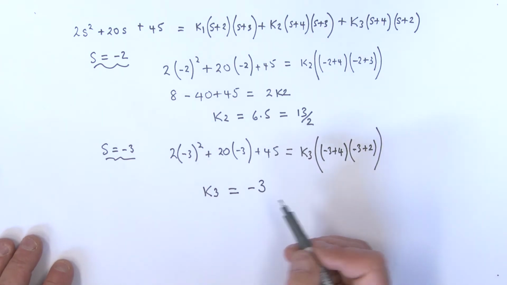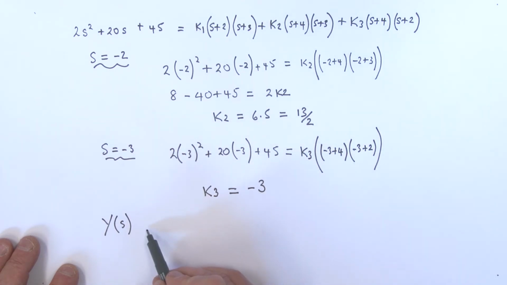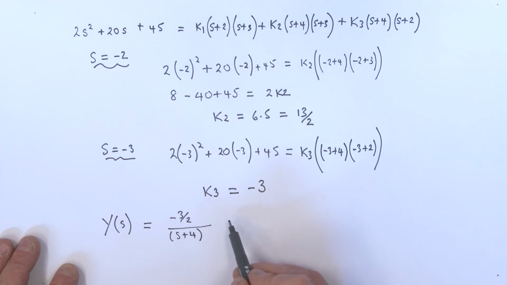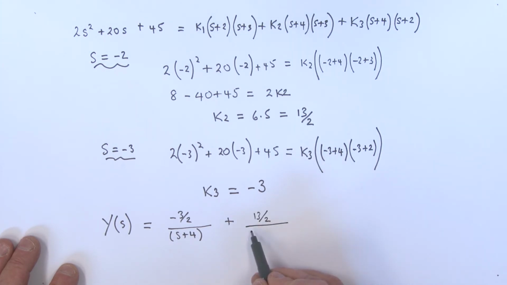All right, so if I now wanted to express my Y of s as partial fractions, Y of s is equal to the first constant, which is k1, so that's -3/2, divided by s plus 4, plus the next one, which is k2, which is 13/2, divided by s plus 2.